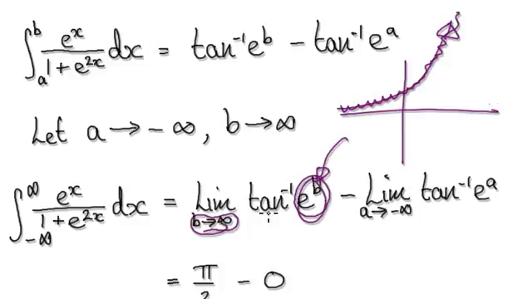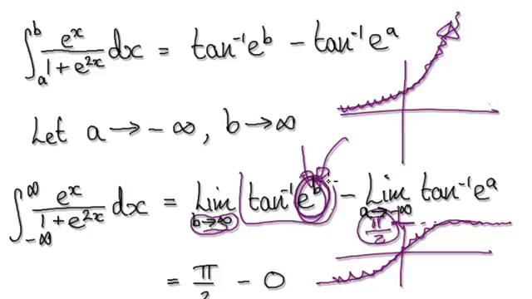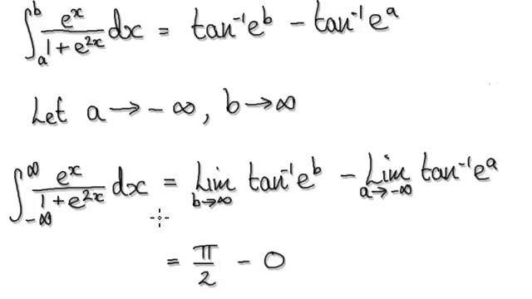Now if you look at the arctan graph, it looks like this, and then this bit here is pi over 2. So as this thing here gets very, very big, you can see the limit is heading towards pi over 2. So this thing here will be pi over 2.